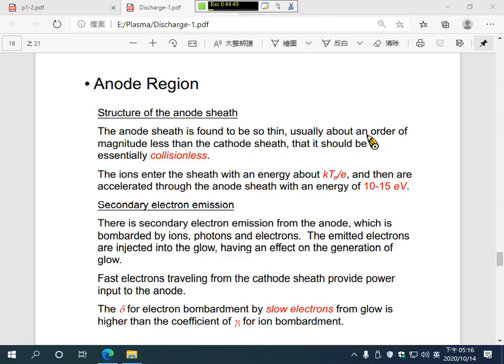Okay. And in the last part, this sentence said, because the anode collects electrons, right? In a complete circuit, the electrons coming out from the cathode will be collected by the anode. So when the electron collides with the anode, even if this electron has low velocity or low energy, it will still cause secondary electron emission.